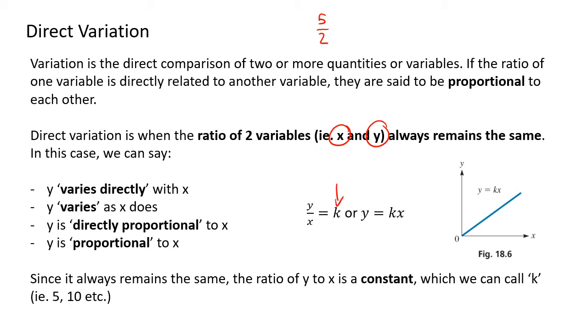So in other words, your one variable y is equal to k, or some number, multiplied by x. When we have this, we say that y varies directly with x. You can say it's directly proportional to x or just proportional to x. What this means is that as y increases, x would increase, and as y decreases, x would decrease.